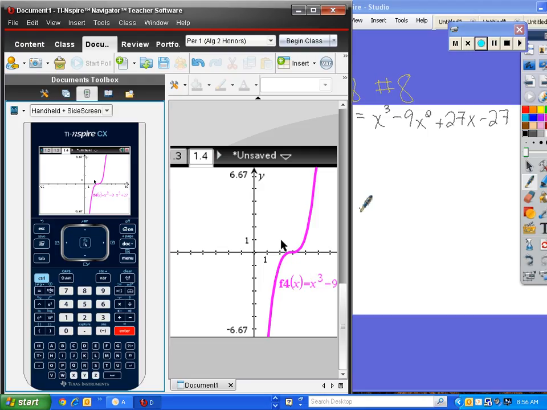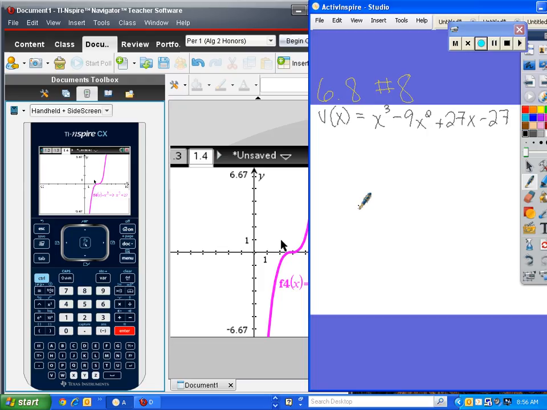So I'm going to come over here, and I'm going to do synthetic division. And what am I going to put here for my 0? For my R? 3. Okay, so now I'm going to do my synthetic division. I need to put my leading number, so this is going to be 1, then -9, 27, and -27. Then I bring my term down, and I multiply by 3.